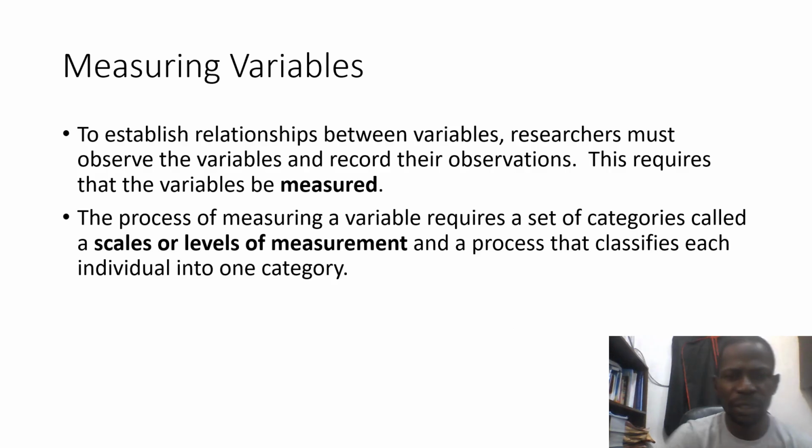Measuring a variable. To establish a relationship between variables, the researcher must observe the variables and record the observation. This requires that the variables be measured. In the field of statistics and measurement, the process of measuring a variable requires a set of categories called scales or levels of measurement, and is a process that classifies each individual into one category.